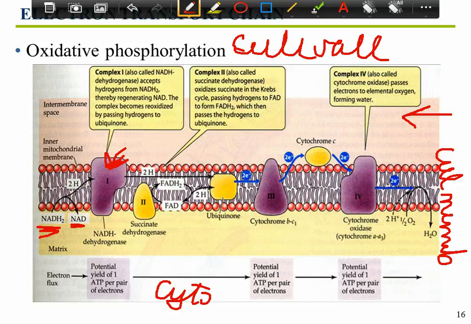And that then can go back and pick up a couple more electrons in the Krebs cycle. All right, FMN is going to pass these electrons off to coenzyme Q. I'm going to put it right there. So ubiquinone or coenzyme Q, or just called quinone. It becomes reduced and FMN becomes oxidized.